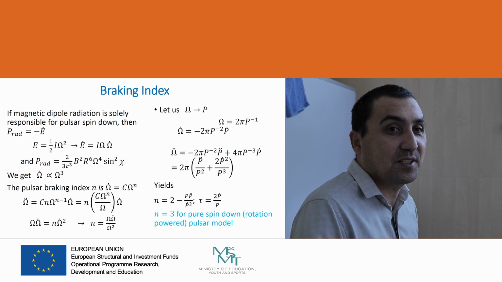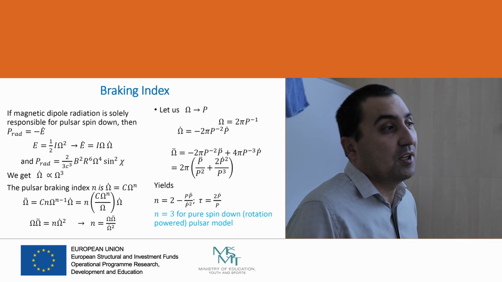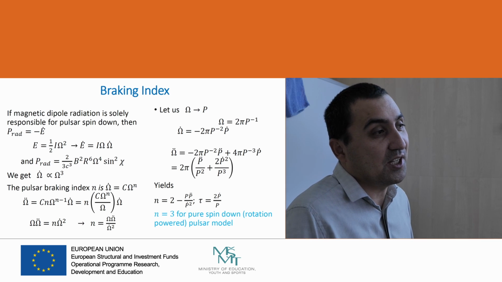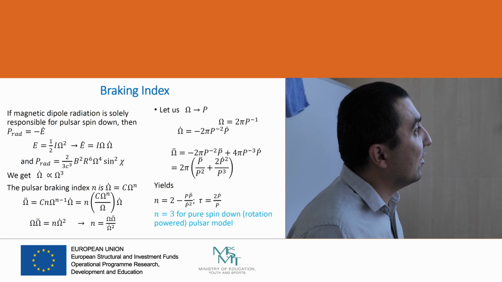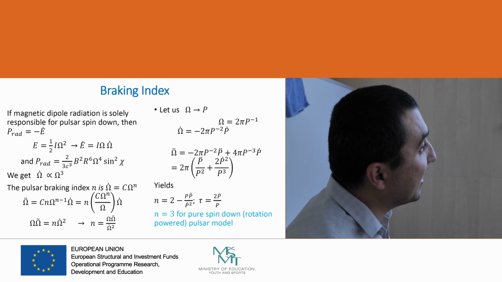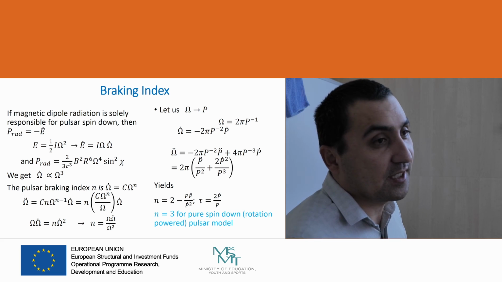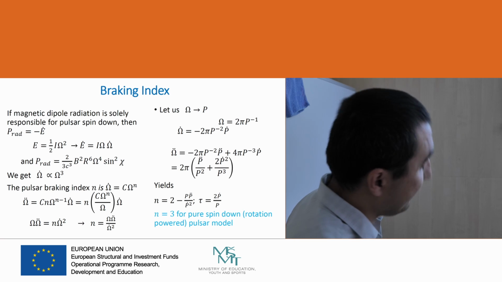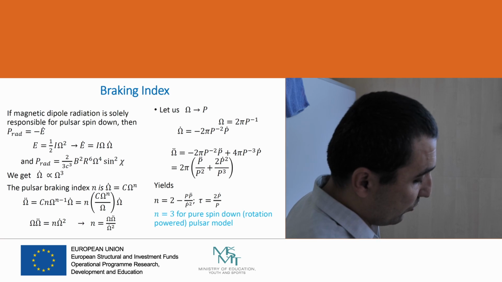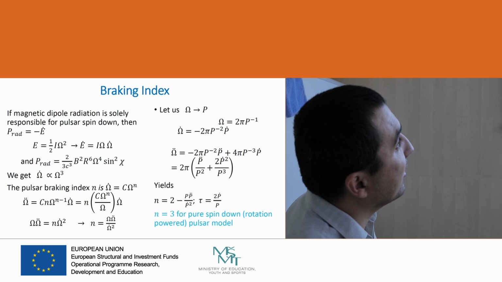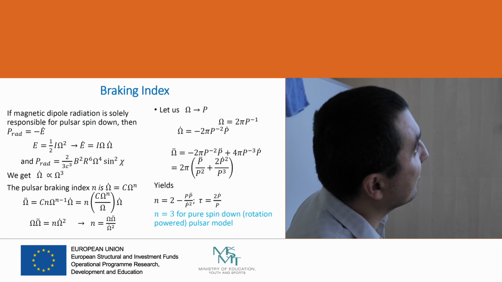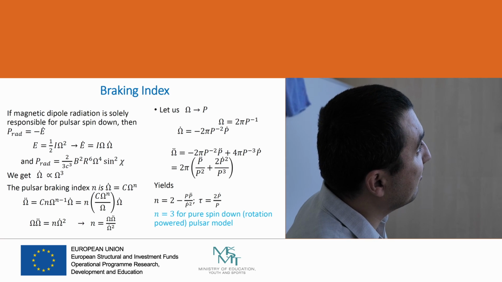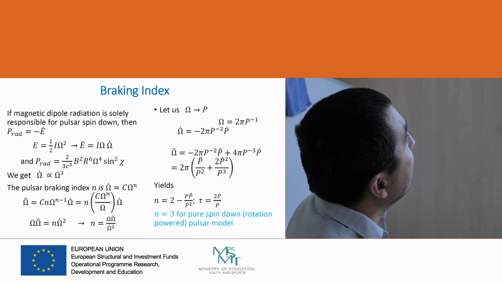There can be another mechanism to provide radiation. So from this point of view, theoretical studies of this braking index are very important. Here is how to calculate this braking index using the observational data. It's easily shown. It is simple mathematics actually.